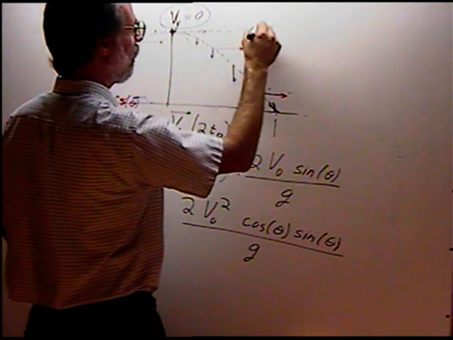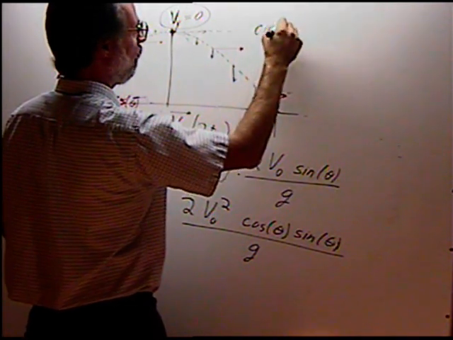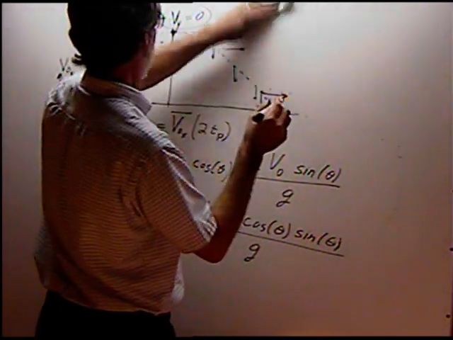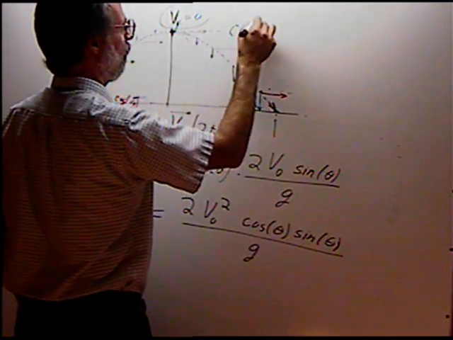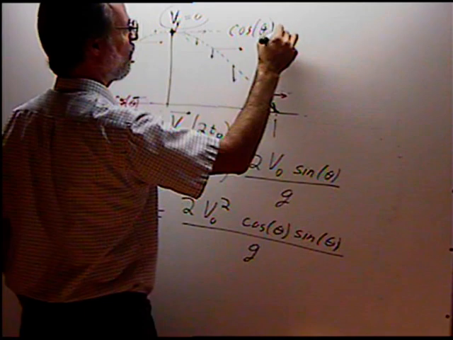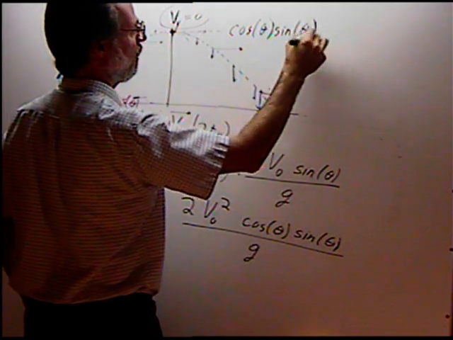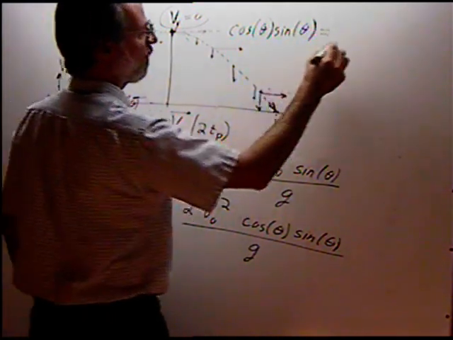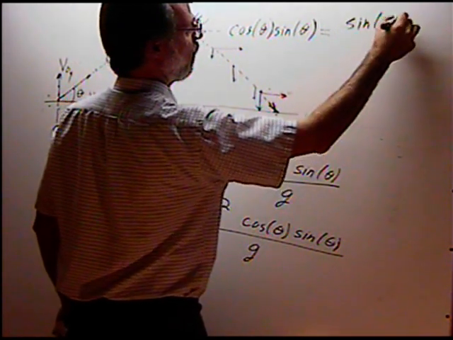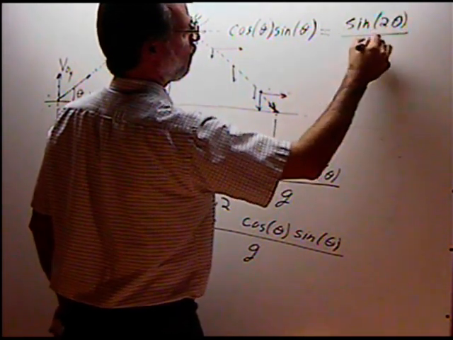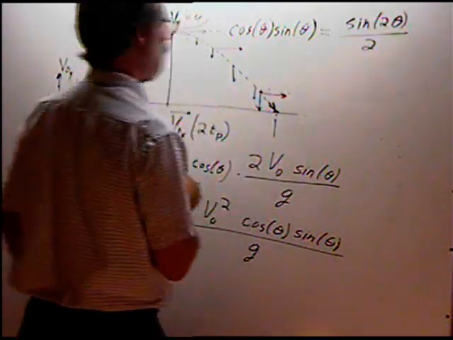The cosine of an angle times the sine of the angle equals sine of 2 theta over 2.